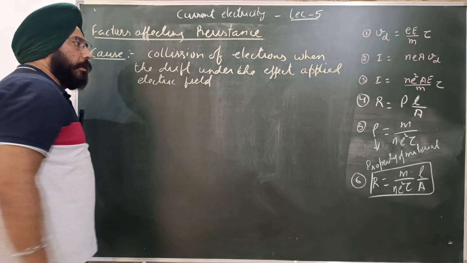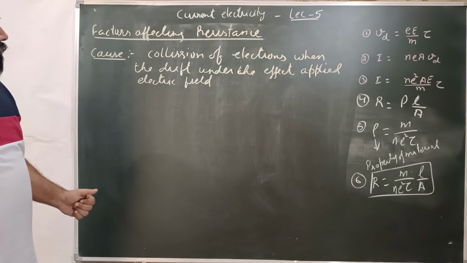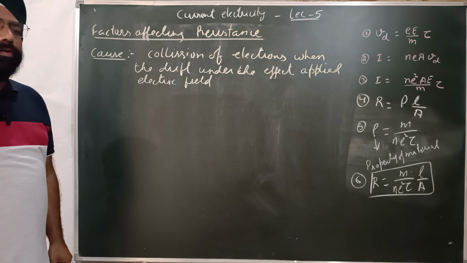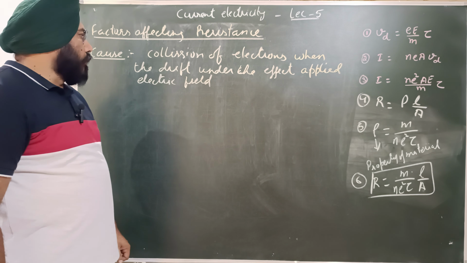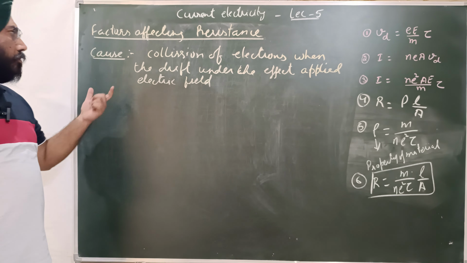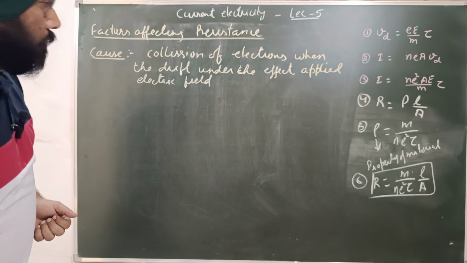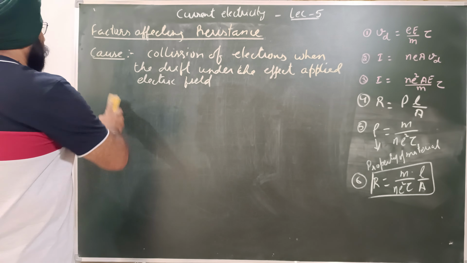This field is due to the applied potential difference. So the collisions of electrons when they drift from one end of the conductor to the other due to the applied electric field are the cause of the resistance.